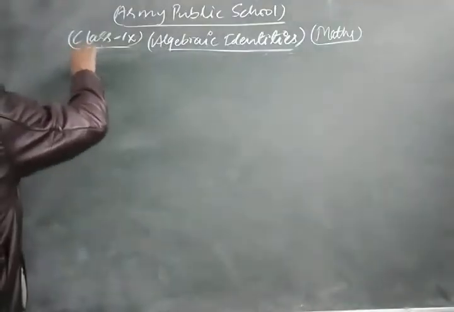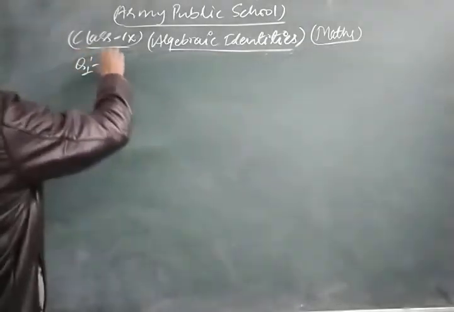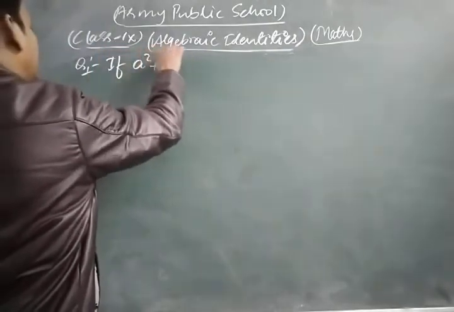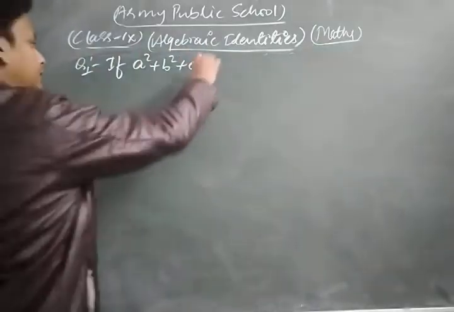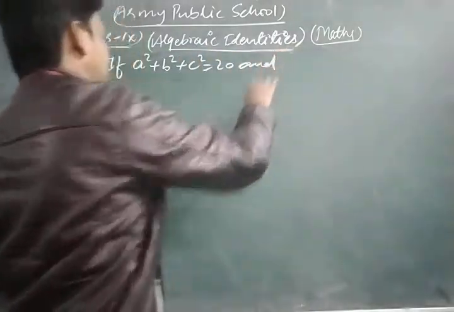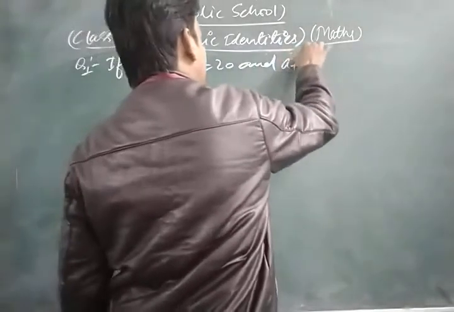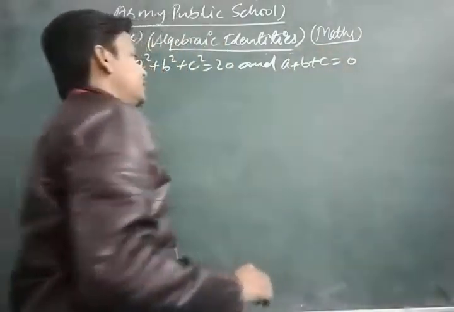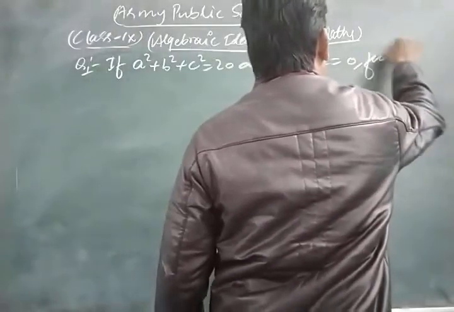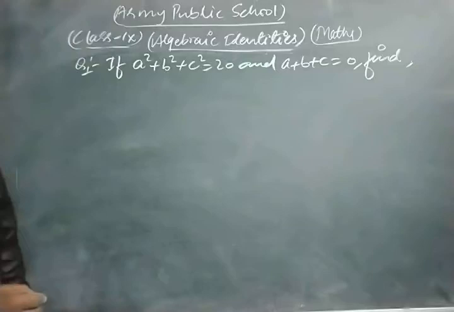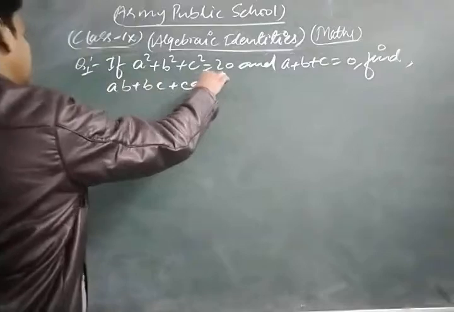We take a very important question. If a square plus b square plus c square is equal to 20 and a plus b plus c is equal to 0, find ab plus bc plus ca.